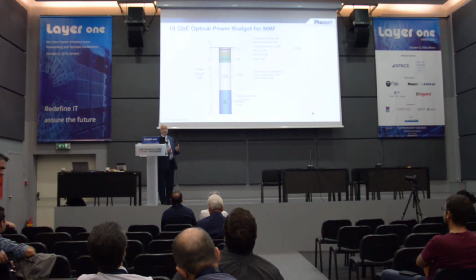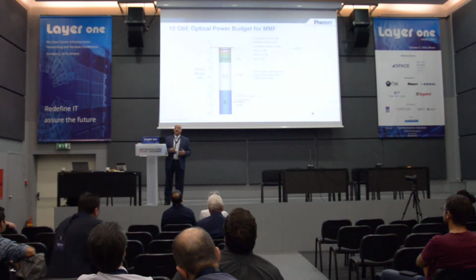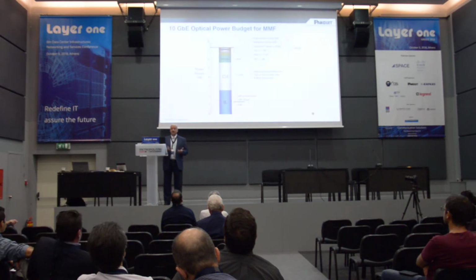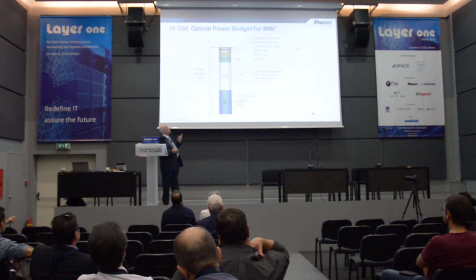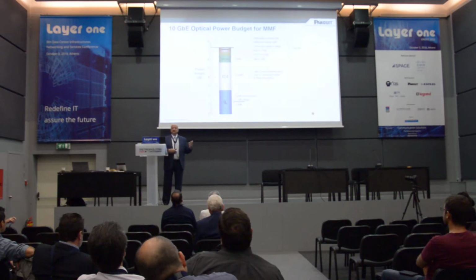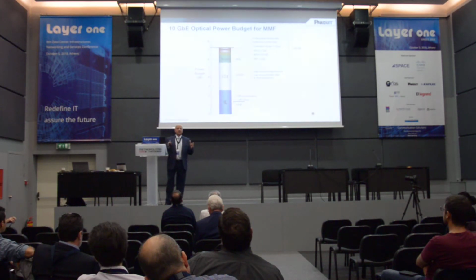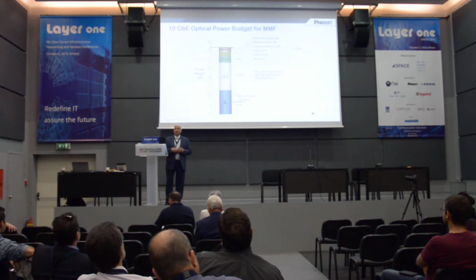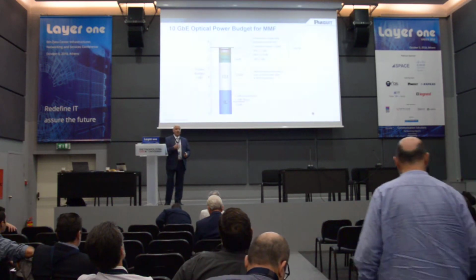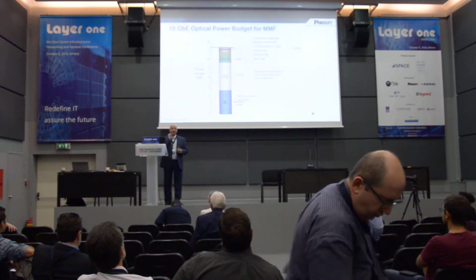Things like ISI, which is intersymbol interference. That's actually the largest power penalty in a channel. Modal noise, mode partition noise, relative intensity noise. These are all power penalties that cause noise in the channel and have to be accommodated for. So in the IEEE, when we write a standard, we argue over these numbers, what should they be?